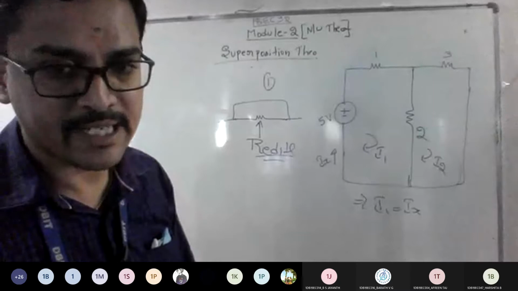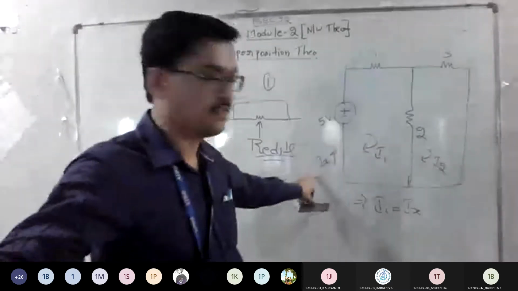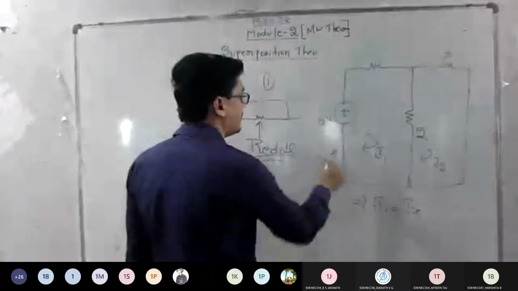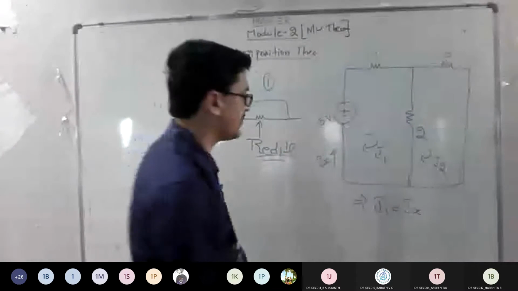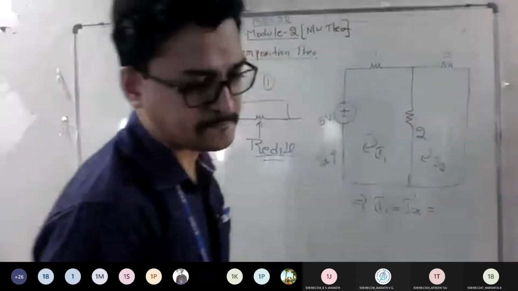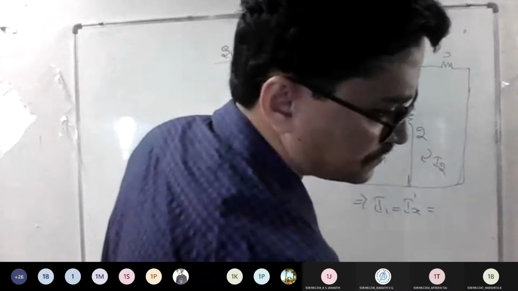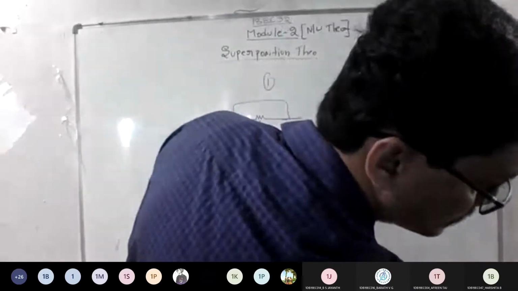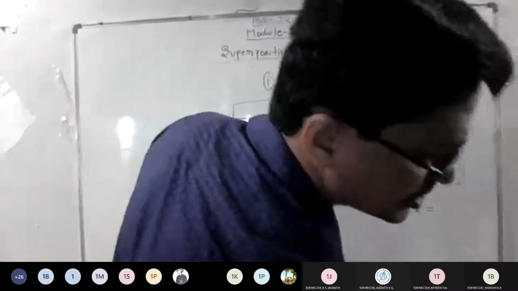I want to find Ix. Ix is here. For case 1 it becomes Ix dash. Check what your answer is. How much did you get?